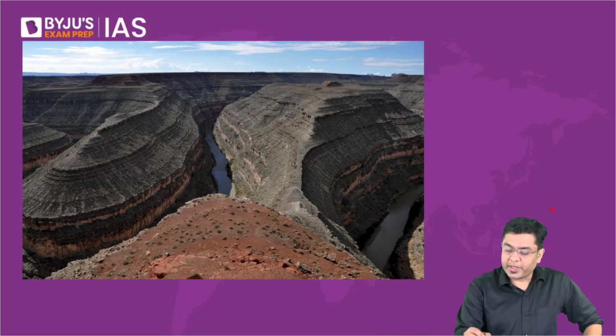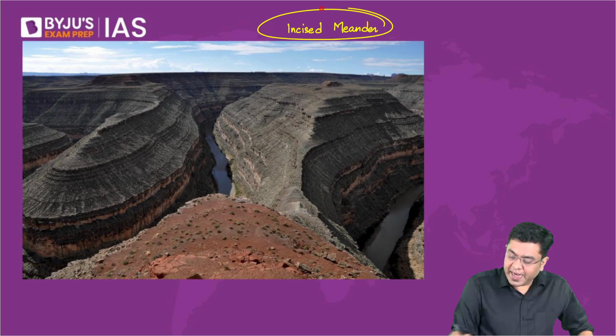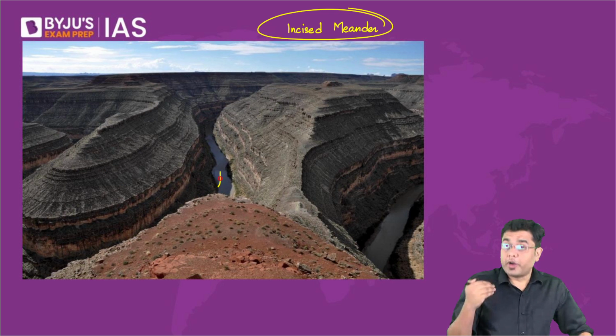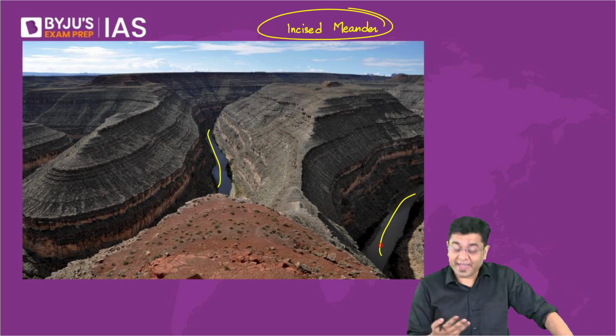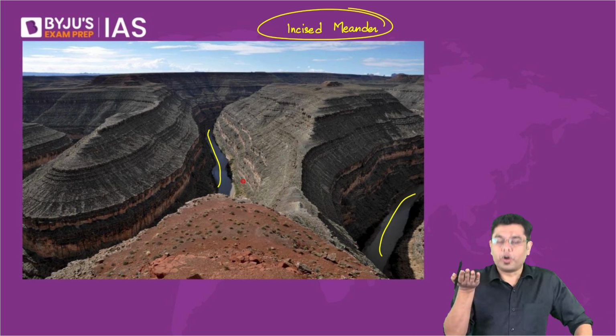So this is the incised meander. Observe here, the river is moving at the same level where it always has. But the surrounding landmass has suddenly gotten uplifted.